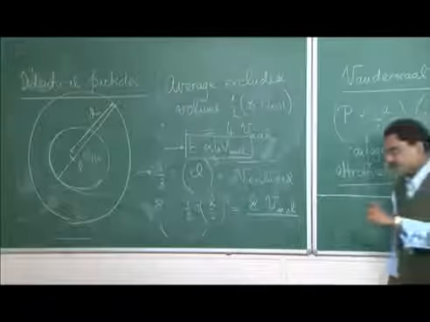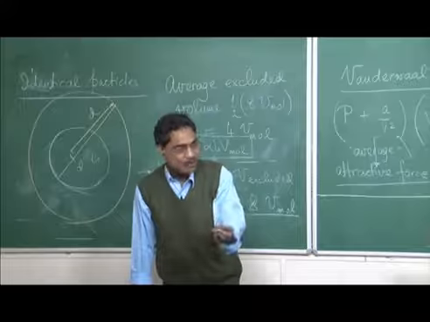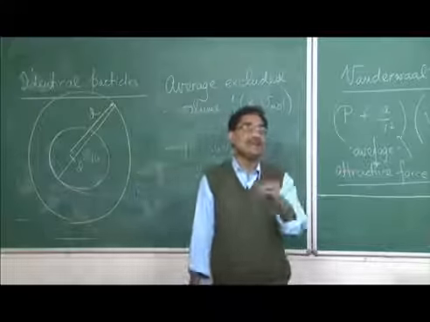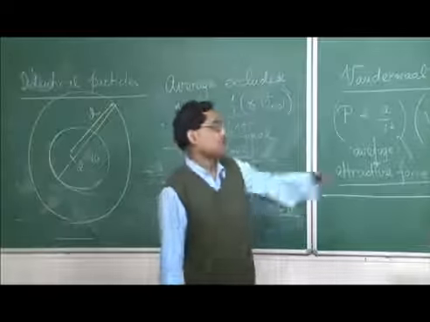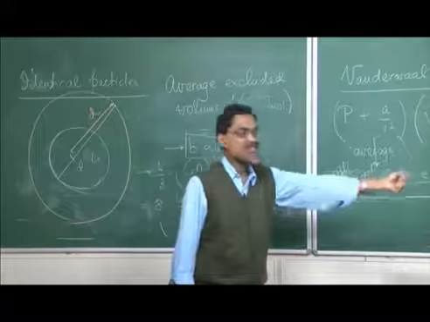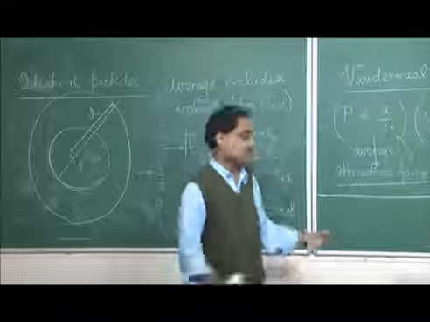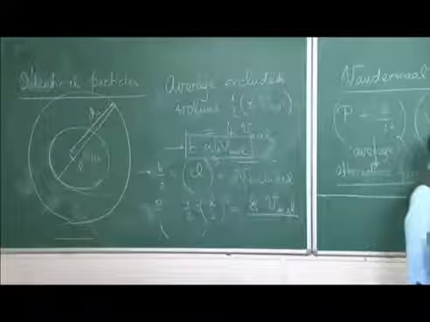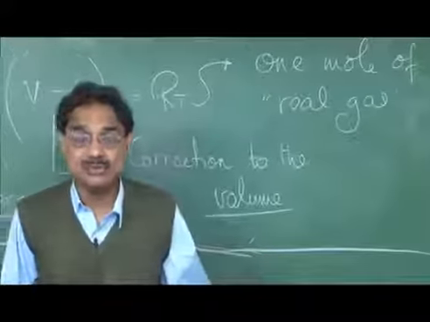So, two approximations. There is one attractive force inside the container, I can forget about it, but whenever a molecule hits the wall, it must feel a net attractive force inside due to the other molecules of the container, and the wall also should have a repulsive force.